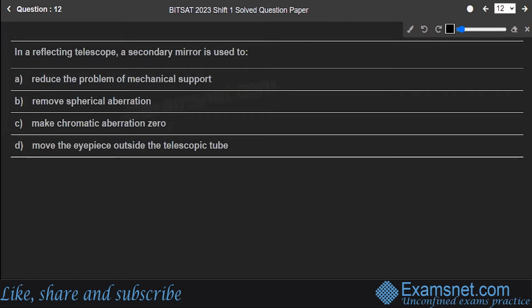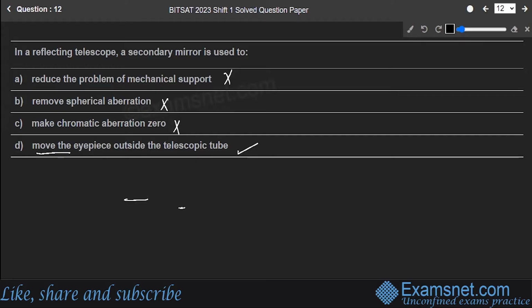In a reflecting telescope, a secondary mirror is used to reduce the problem of mechanical support. No. Remove spherical aberration. Make chromatic aberration 0 or move the eyepiece outside the telescope tube. That's right. Option D is correct, to redirect the light that enters the telescope to the eyepiece or camera.